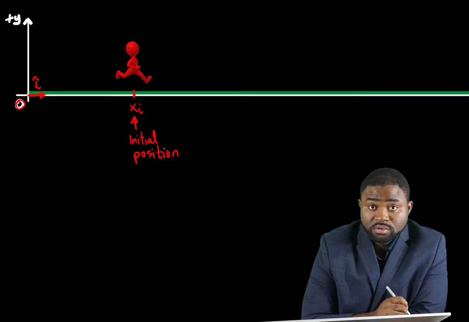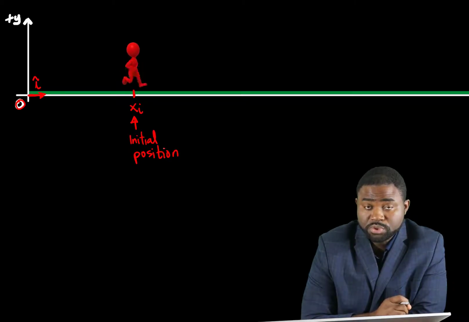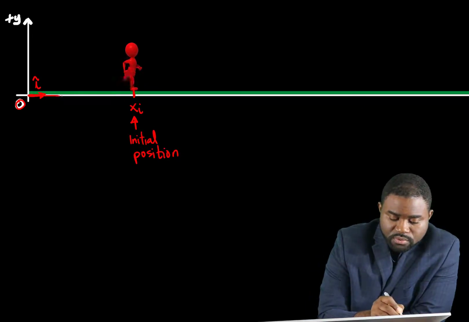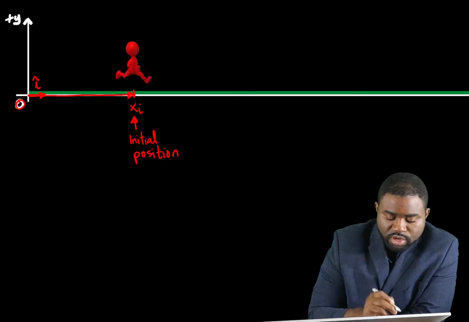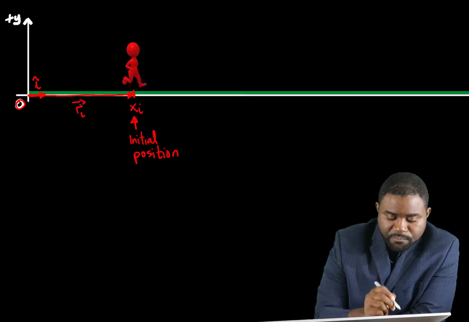A vector or an arrow drawn from the origin to where the guy is jogging defines his position vector. This is r_i.